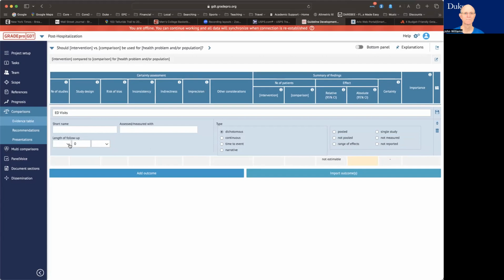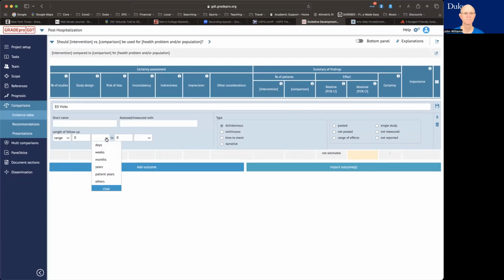And it's within 30 days. So anytime between discharge and 30 days. It's a dichotomous outcome. We're going to use a pooled estimate from our meta-analysis. So we set up and then save.